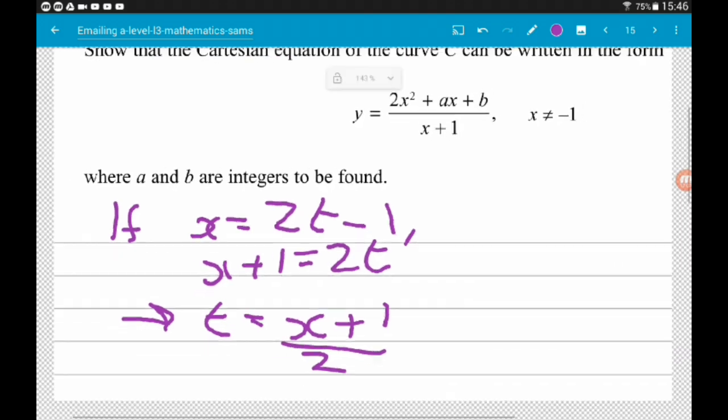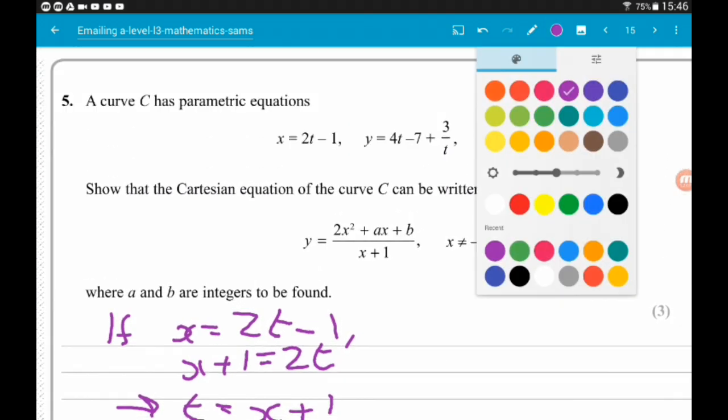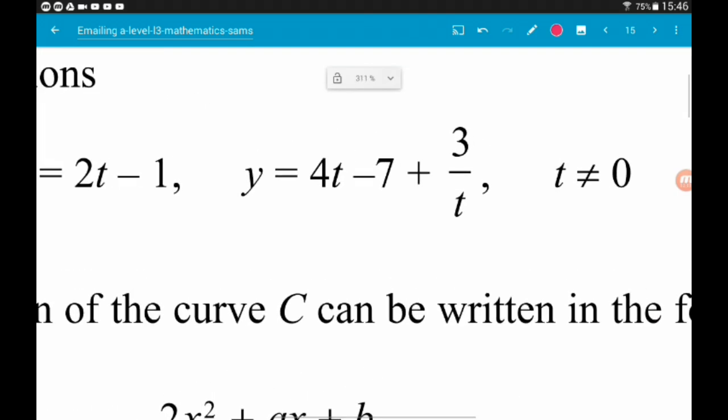Now we're going to substitute that into the second parametric equation, y equals 4t minus 7 add 3 over t.